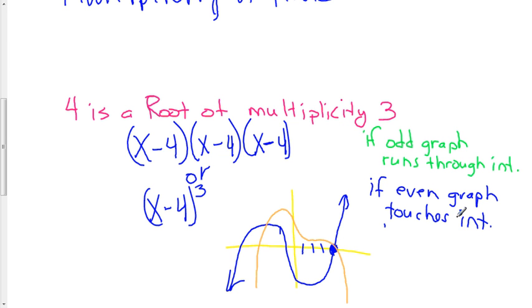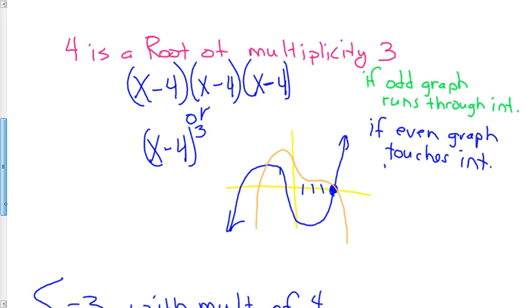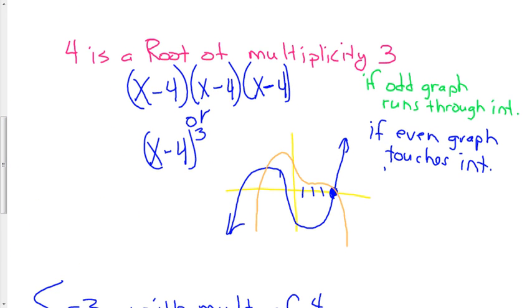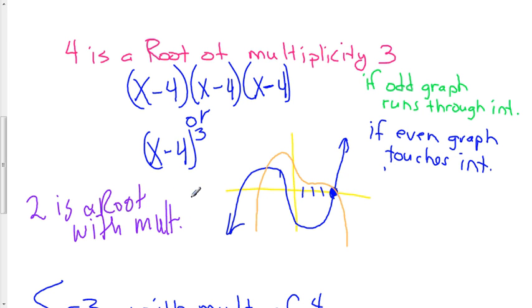If the multiplicity is even, then it will just touch that particular point. So if we were to say 2 is a root with multiplicity of 3. No, I don't want 3. Let's try 4. So now we know here at 2, there is a root.